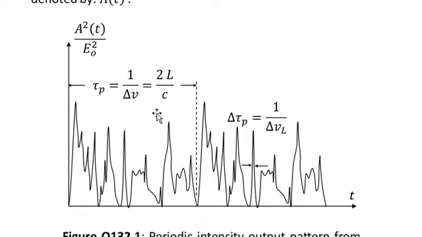So adding all the amplitudes of the modes and then taking the square, you get the intensity A squared as a function of time, and you are normalizing this output intensity of the laser by the factor E naught squared, which is the intensity corresponding to an individual longitudinal mode, and then we have this plot.